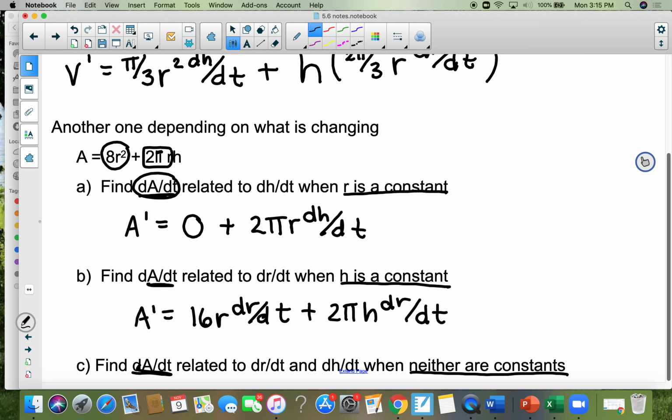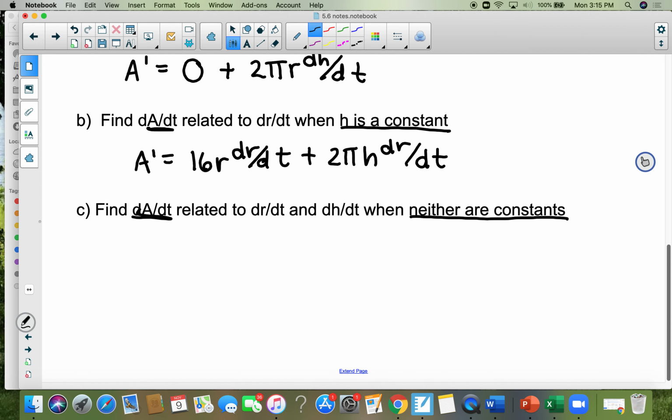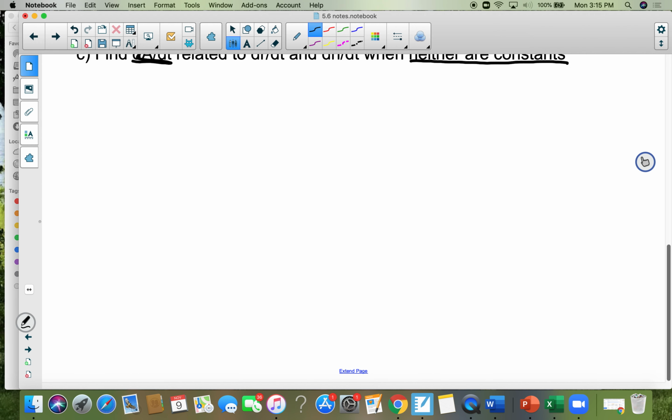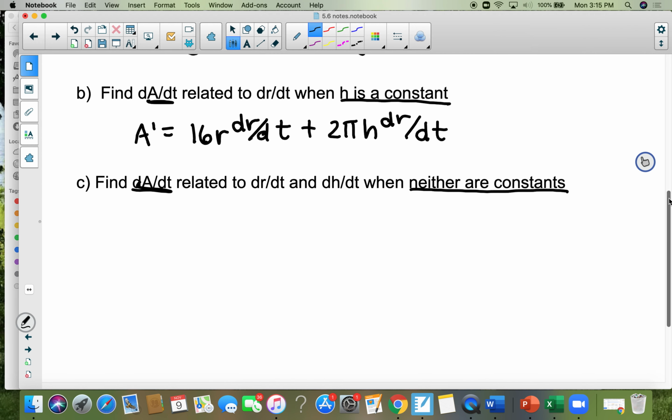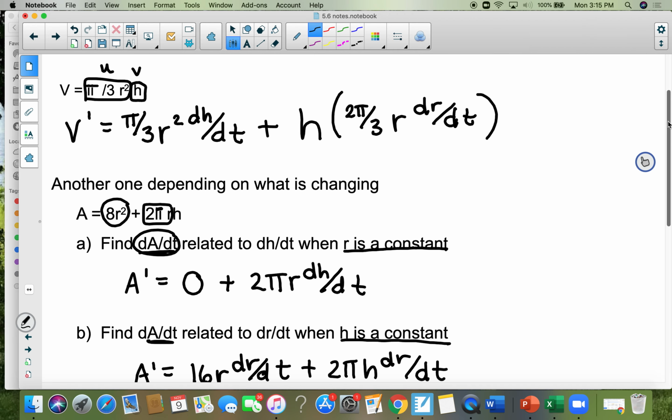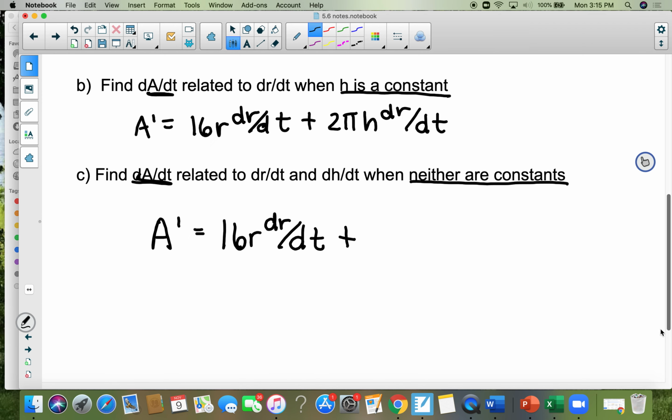Okay, now what happens? If they're both changing, neither of them are constant, a prime is equal to 16r dr dt plus, okay, so I found the derivative of the first one because r was changing, and now I have to do this being the u and this being the v, so 2 pi rh.